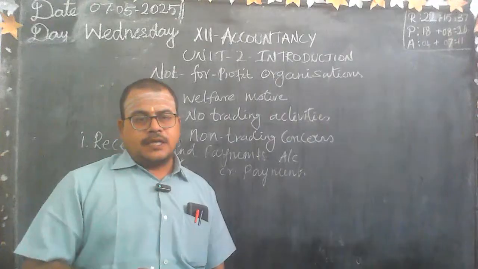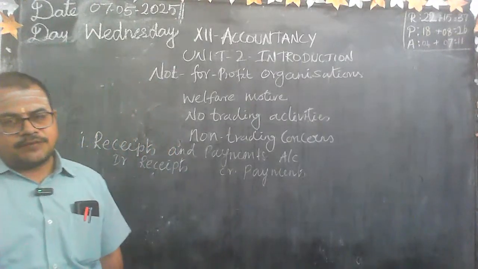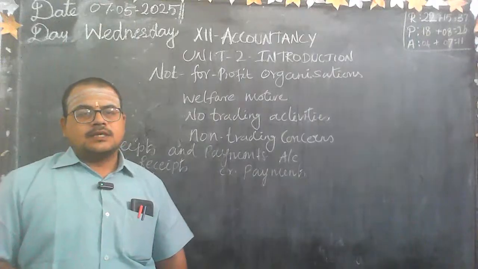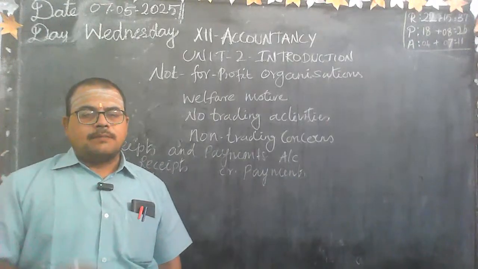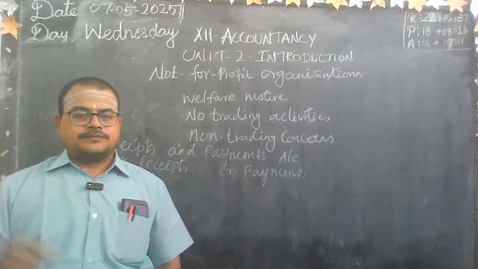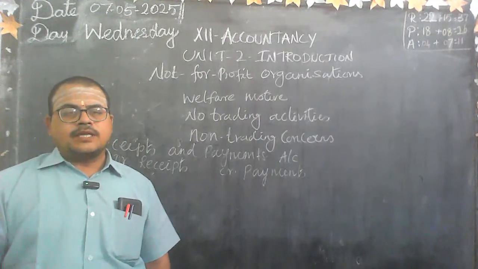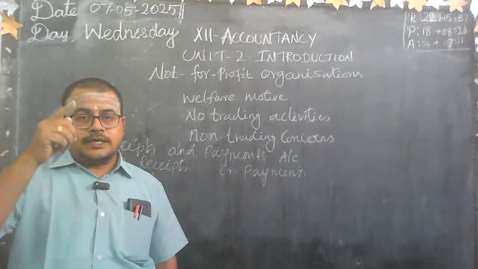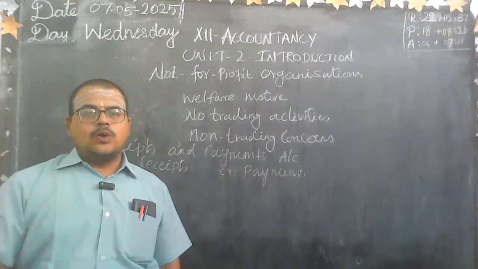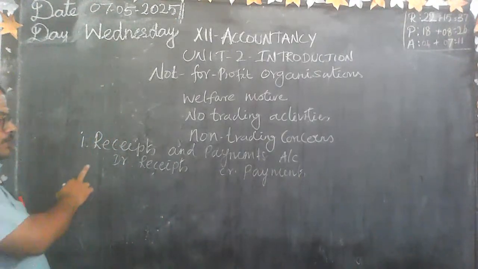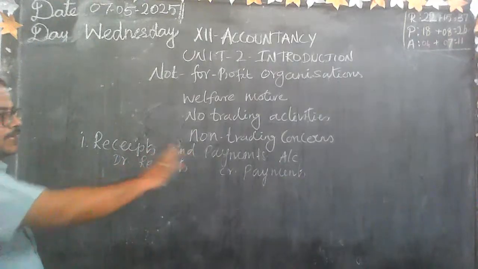If the payments exceed the receipts, it should be taken as bank overdraft. So the first account is the receipts and payments account.